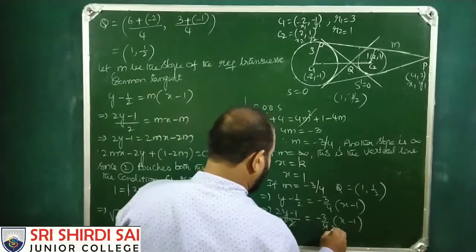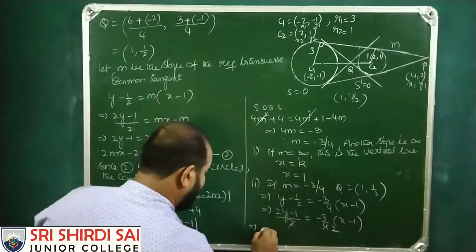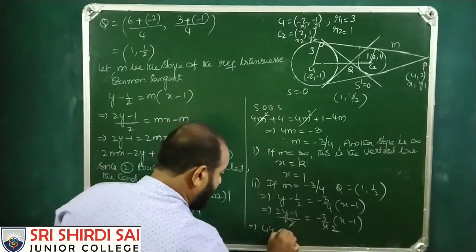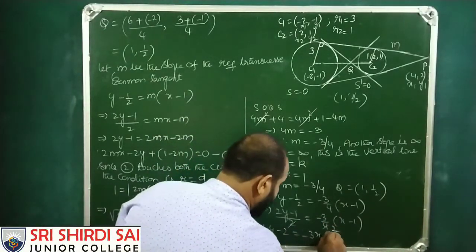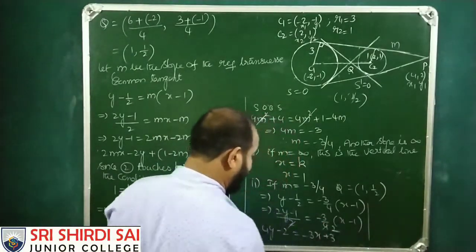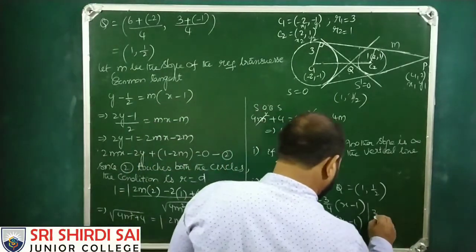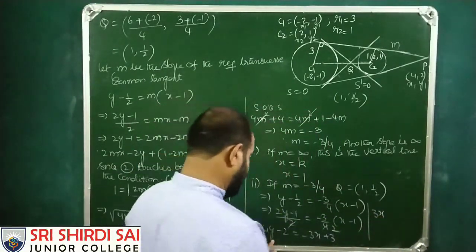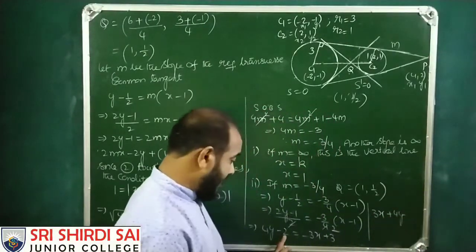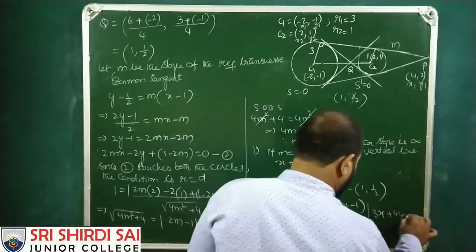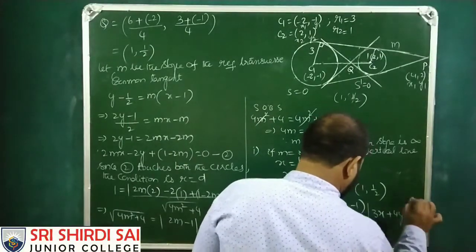So 4 into (y minus 1 by 2) is equal to minus 3 into (x minus 1). 2 twos are 4y minus 2 equals minus 3x plus 3. Therefore, what is the line equation? 3x plus 4y minus 2 minus 3, minus 5, equals 0.